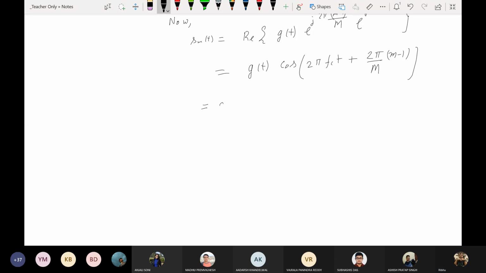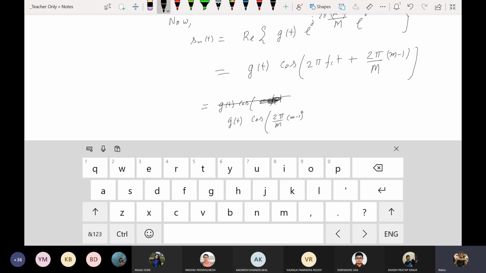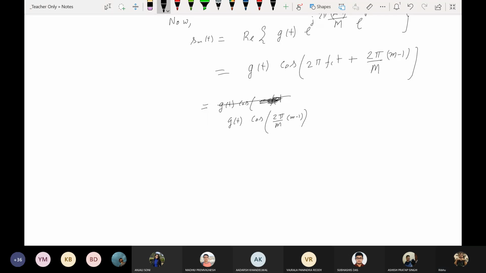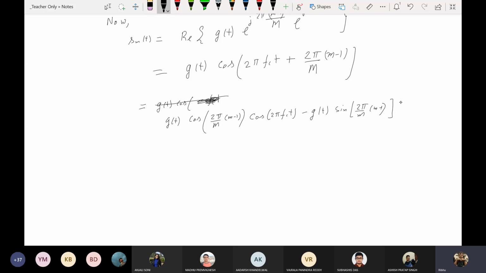Or rather I should write it this way: g(t) cos(2π(m−1)/M) cos(2πf_c t) minus g(t) sin(2π(m−1)/M) sin(2πf_c t).